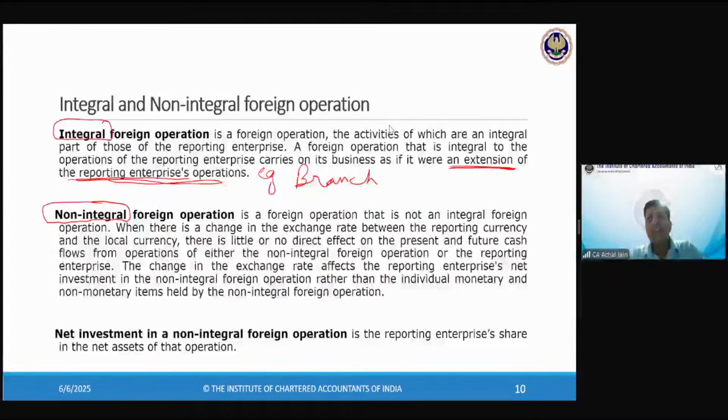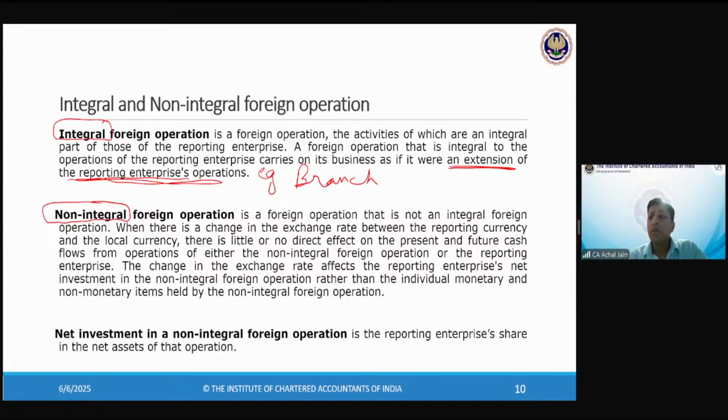That's why branches will be considered as integral foreign operations. Now, as against that, there could also be some foreign operations which are non-integral. Now, what is the meaning of non-integral? Something which is not an extension of the reporting entity.